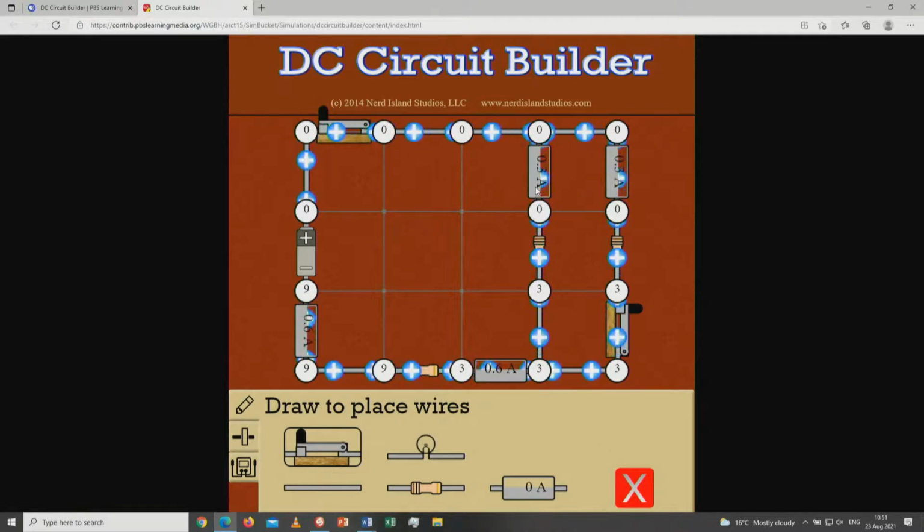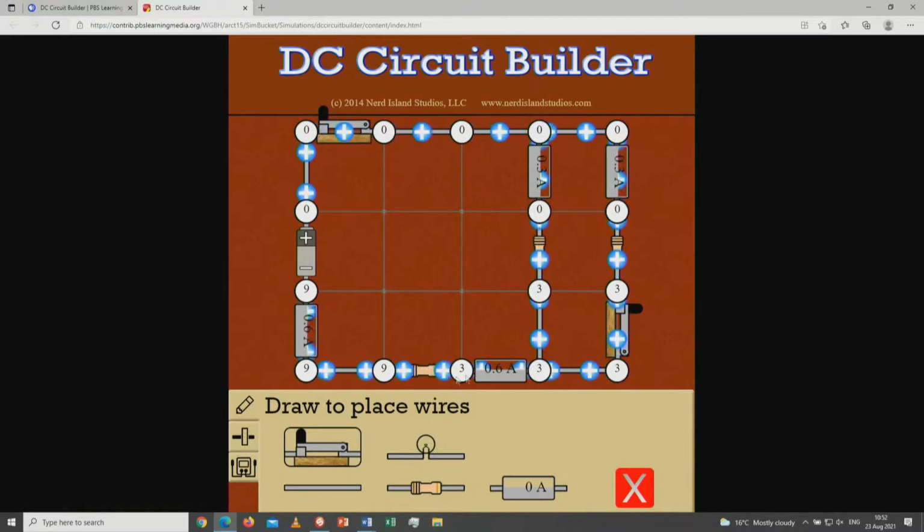Now already you can see that relationship that we talked about, that the sum of the currents in the individual resistors connected in parallel, 0.3, 0.3, adds up to the current in the second. I total is equal to I1 plus I2. 0.3 plus 0.3 gives us 0.6 amperes.